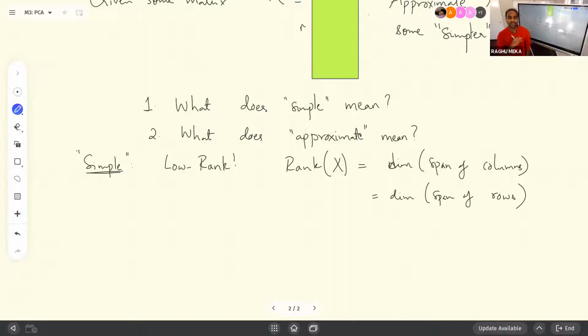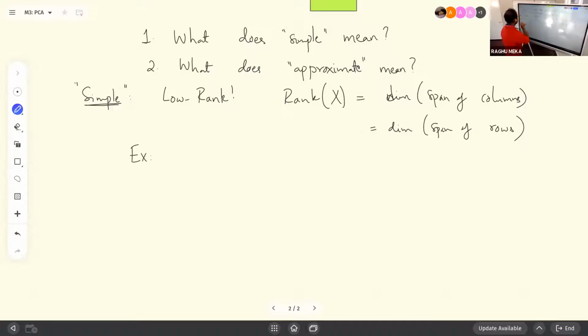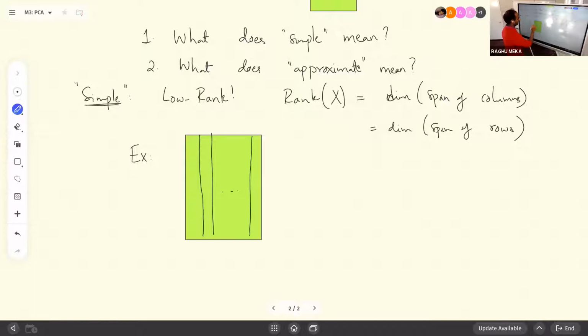Right, so asking for a smaller null space is equivalent to asking for a larger null space, which is equivalent to asking for a smaller rank. All right. Okay. So for example, here's a matrix, an n by d matrix, and let's say the matrix has some column vector, let me use u, that is being repeated again and again.